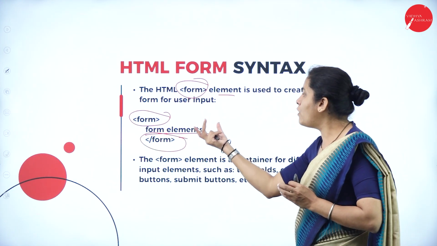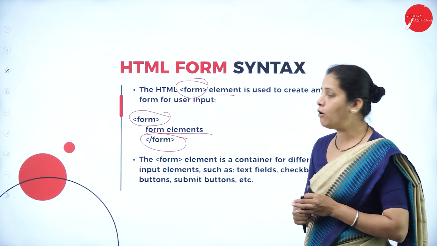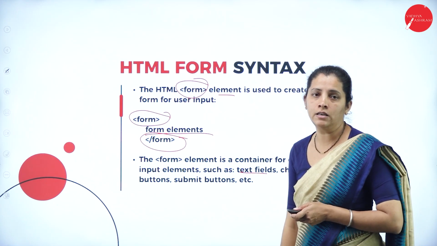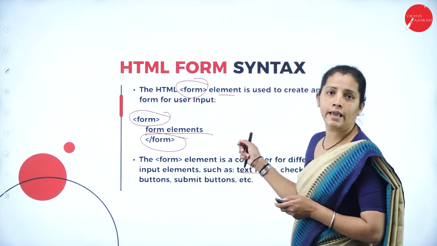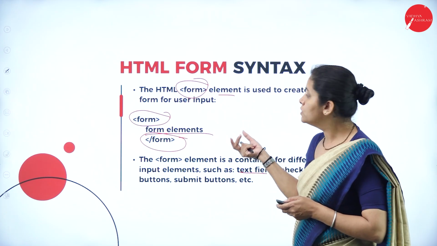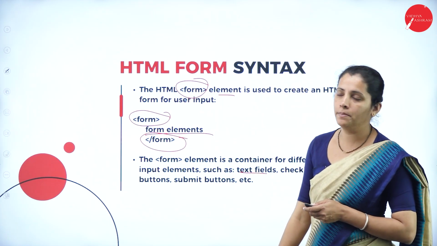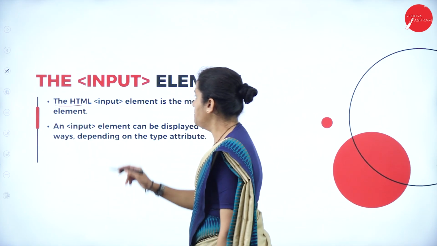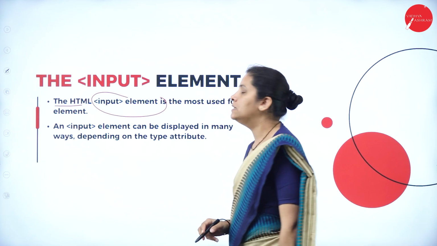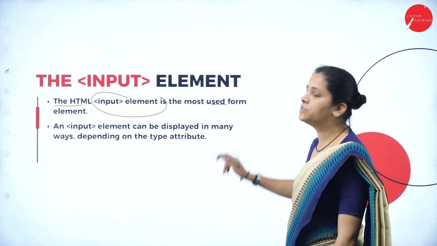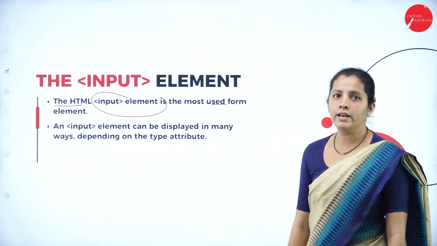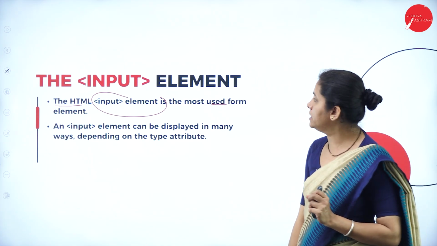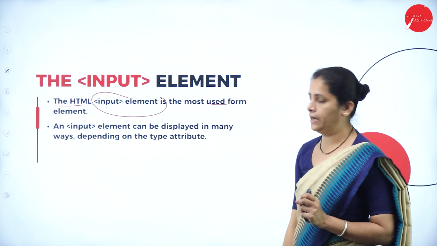Okay, fine. What form elements can I have in my form? That is nothing but the text field, checkbox, radio button, label, and even buttons. So these are the form elements. Now, the HTML input element is the most used form element. If I want to create a form element, then I must start with the input element.